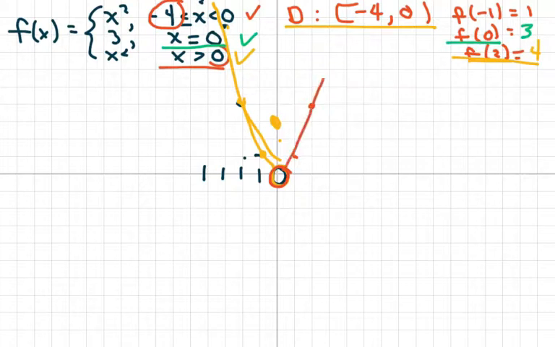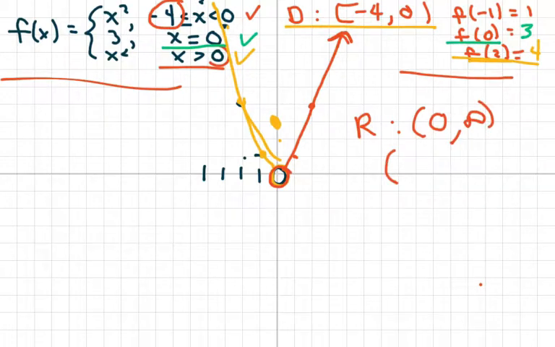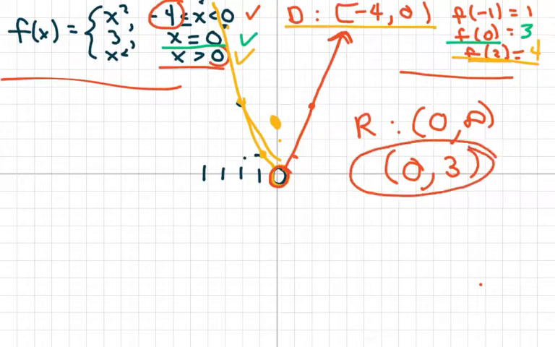And this goes on continuously. So I'll just draw an arrow. I wish I'd written all this down here. Okay, anyway, our range is the same. Our range is 0 to infinity, and I have an intercept at 0, 3. There's no x-intercept. I just have a y-intercept here.